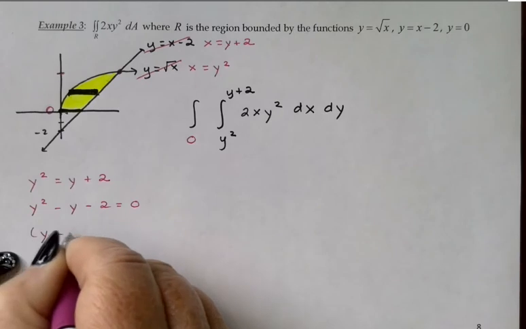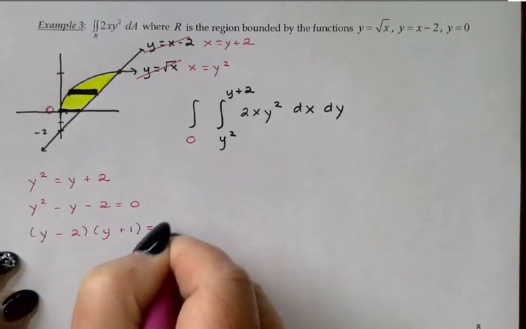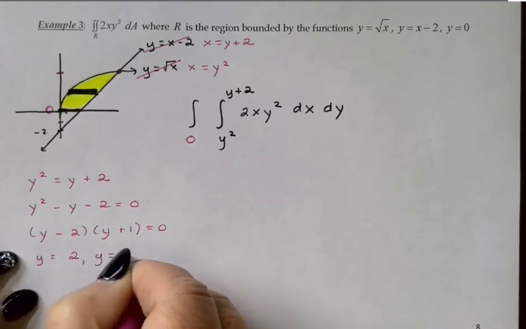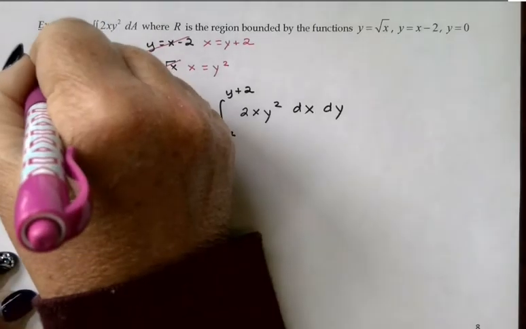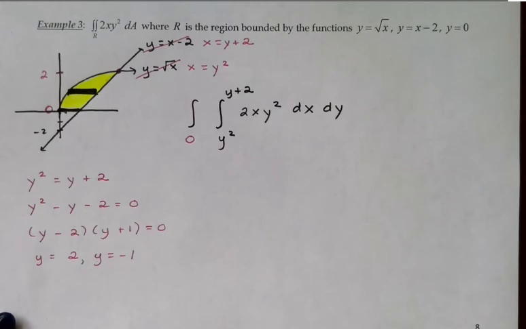And solving that one, I'll factor it, which gives me y equals 2 or y equals negative 1. Clearly the one I want is the 2. Negative 1 is not part of my region, so I can ignore that.